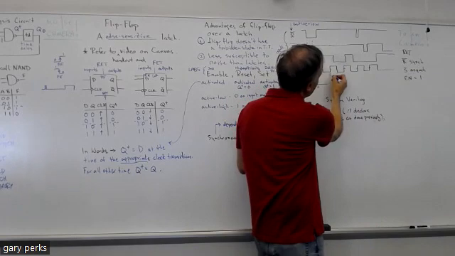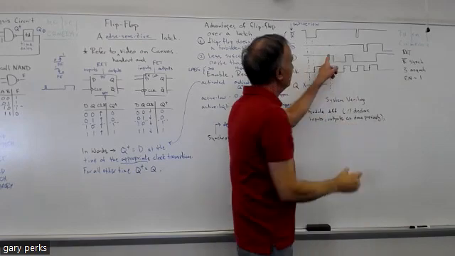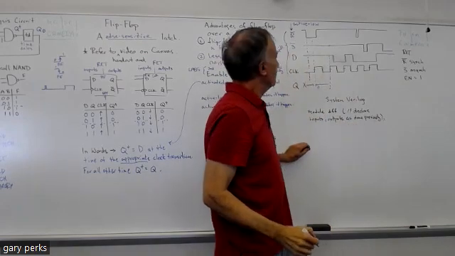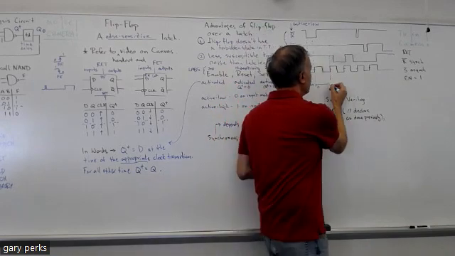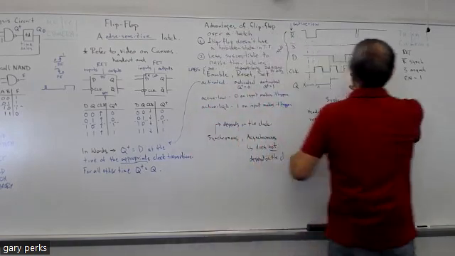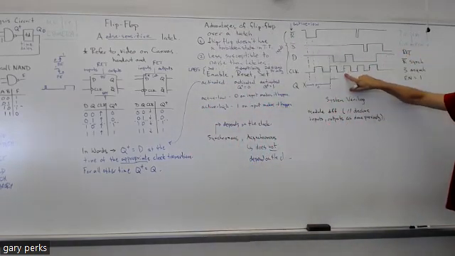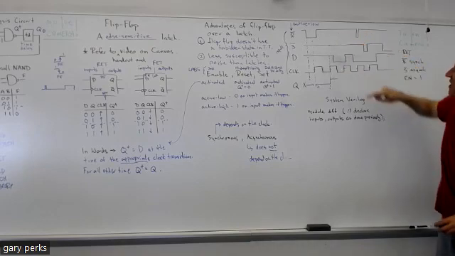See, right here at the time of this positive edge, D equals 1. So at that time, the next data Q is going to equal D. So it's going to go from a 0 to a 1. Right? Then you look at the next rising edge, because at the time of this rising edge, we're not resetting, we're not setting.